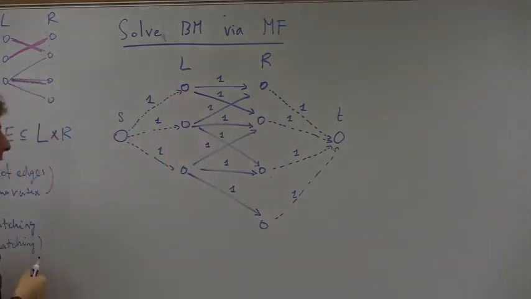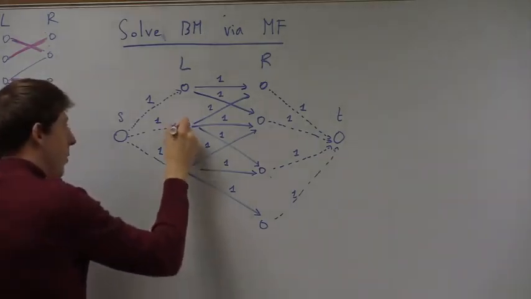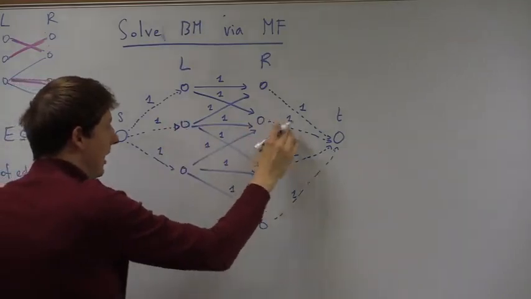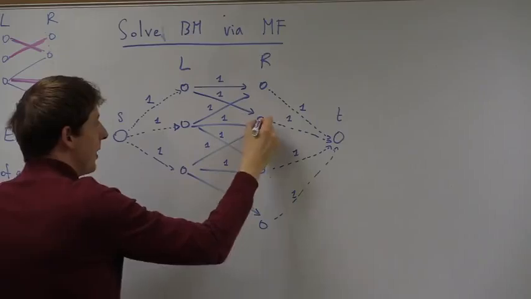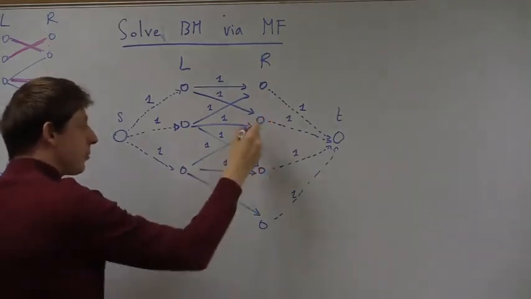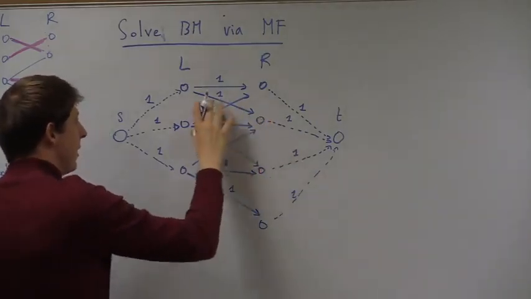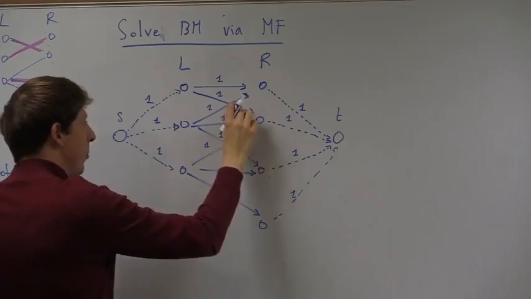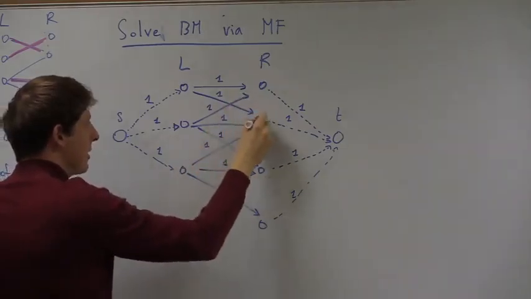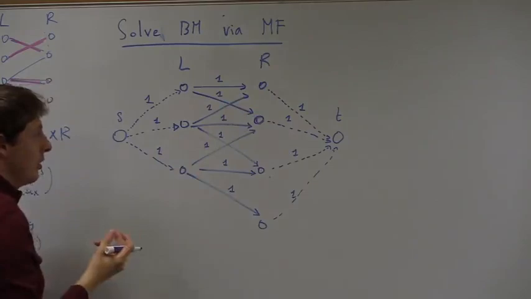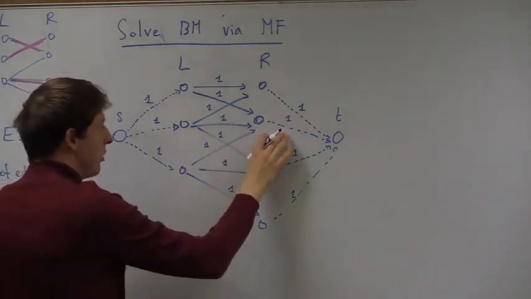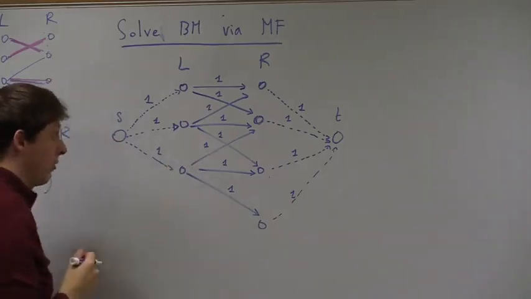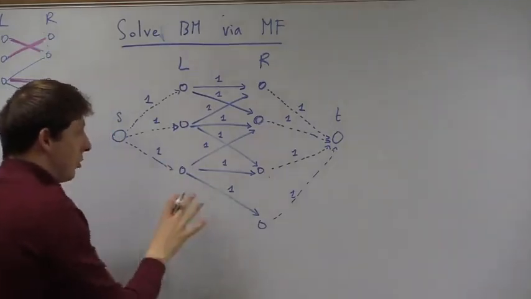If we are pushing 1 unit of flow in, and we are only allowed to take out 1 unit of flow, then intuitively, and we'll prove it in a moment, this prevents the flow from picking multiple edges. If, for example, this vertex over here receives 2 units of flow, but only pushes out 1 unit of flow, that's not a valid flow, because it would violate conservation of flow. So this is the intuition.